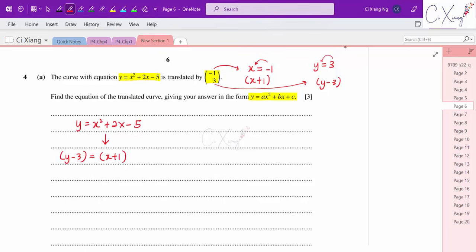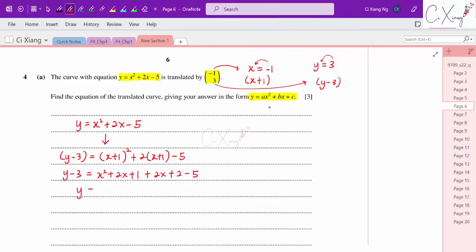So I will have x plus 1 squared plus 2x plus 1, then minus 5. Try to expand everything and simplify it, because they want us to have the answer in terms of ax squared plus bx plus c. So we will have x squared plus 2x plus 1, and then 2x plus 2 minus 5.